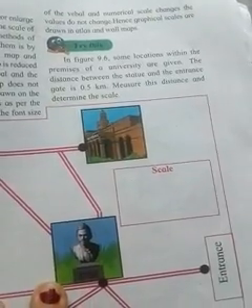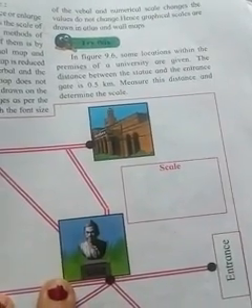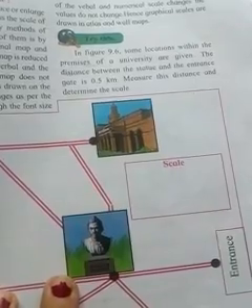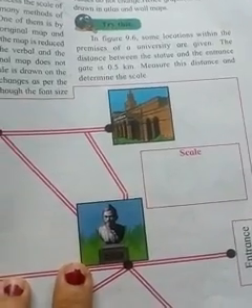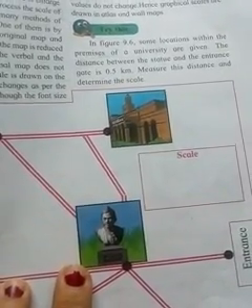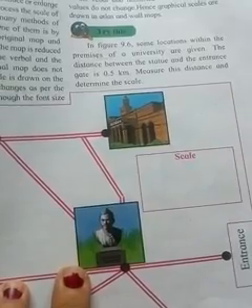Try this in figure 9.6. Some locations within the premises of the university are given. The distance between the statue and the entrance gate is 0.5 km.